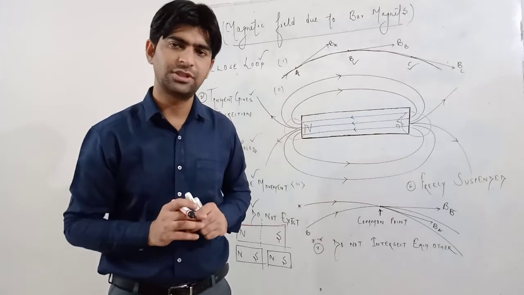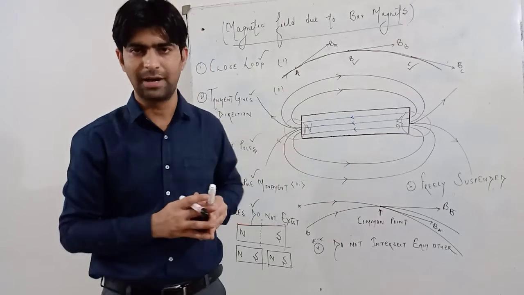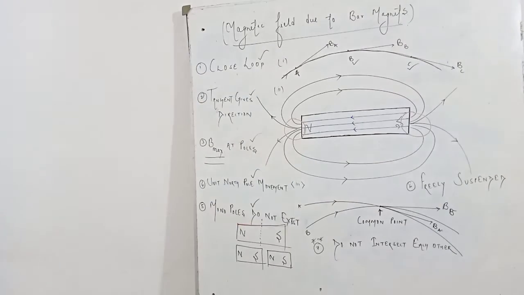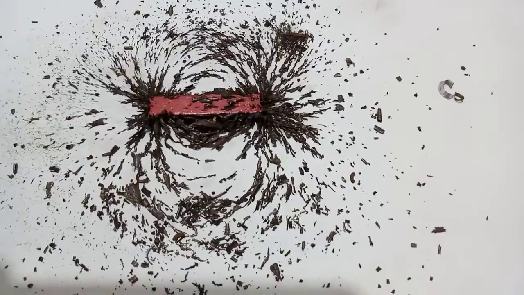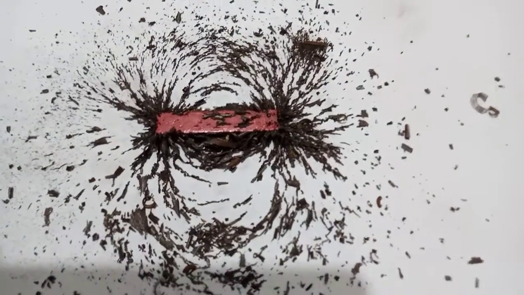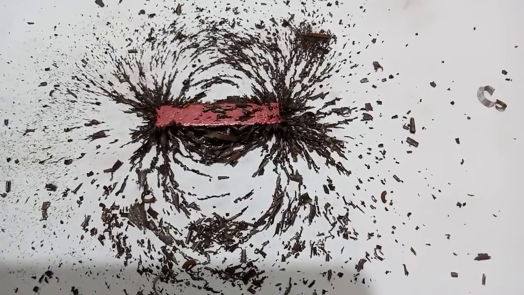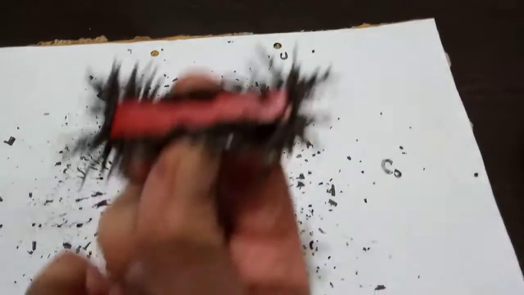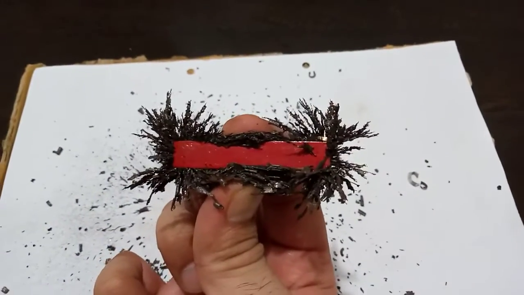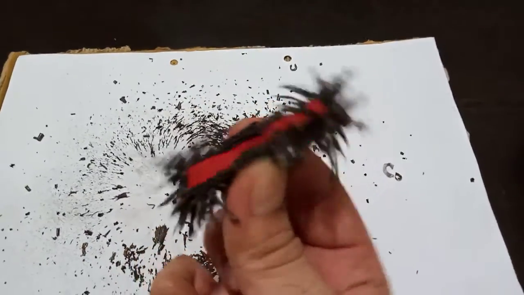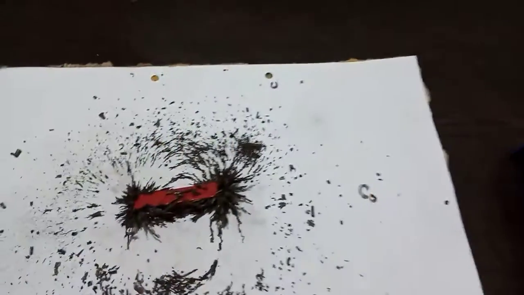And let us see the demonstrations of different properties of the bar magnet. The setup is ready for you. Now if you see here, I have taken a bar magnet and I have sprinkled some iron filings, and if I take it out, you see the concentration of iron filings is maximum at the poles and minimum at the center, which indicates that the magnetic field intensity is maximum at the poles and minimum at the center.